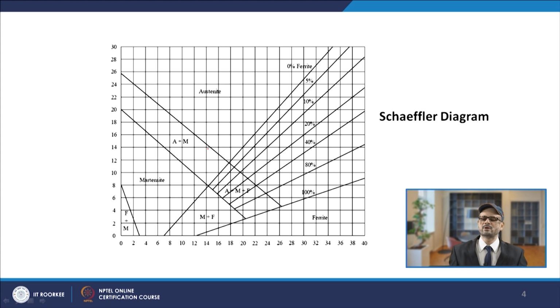Now, suppose you have the filler metal used, and the filler metal has some other composition. If the filler metal is also the same composition, you are going to get the same point, so you have the same microstructure.